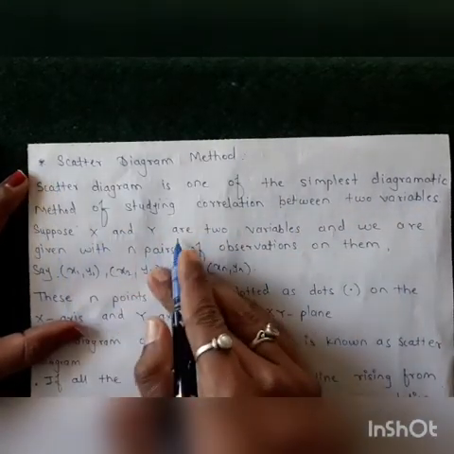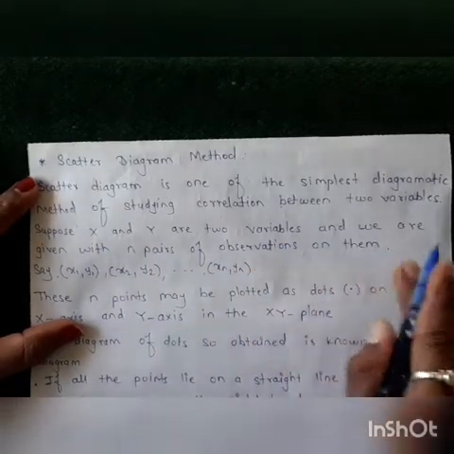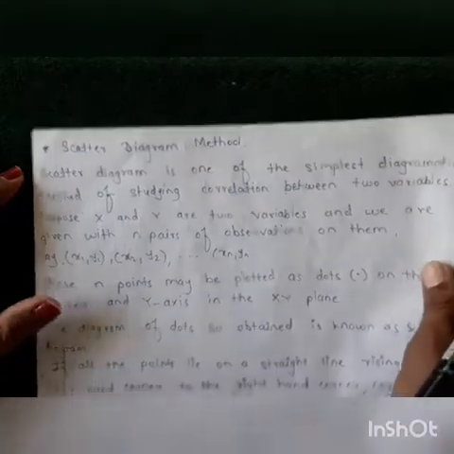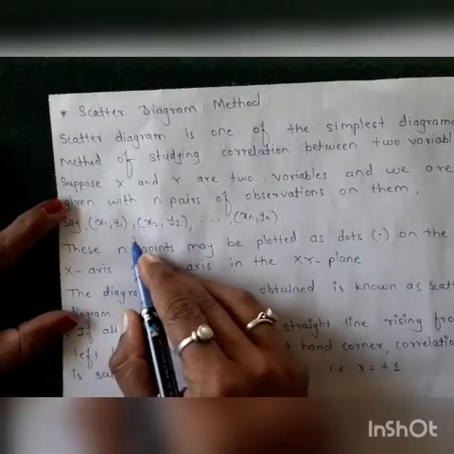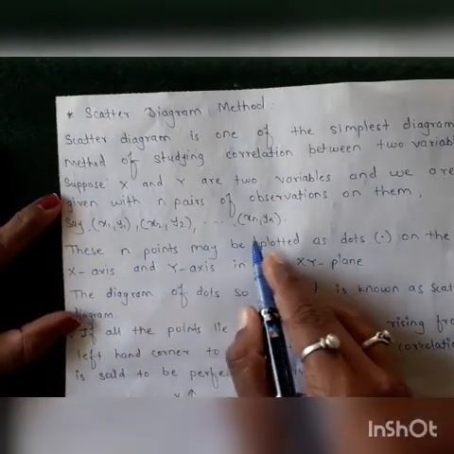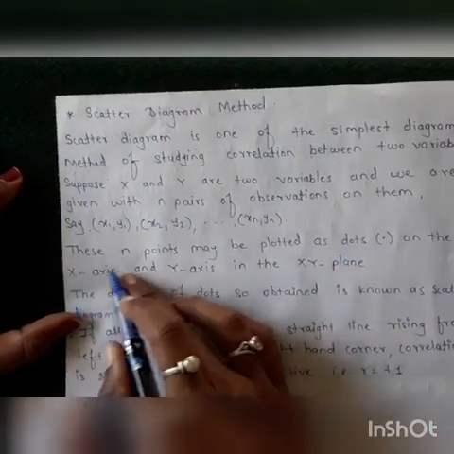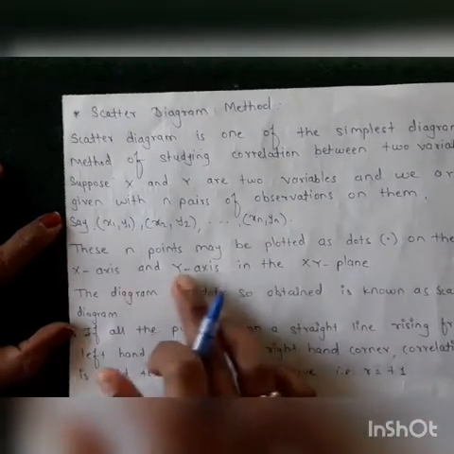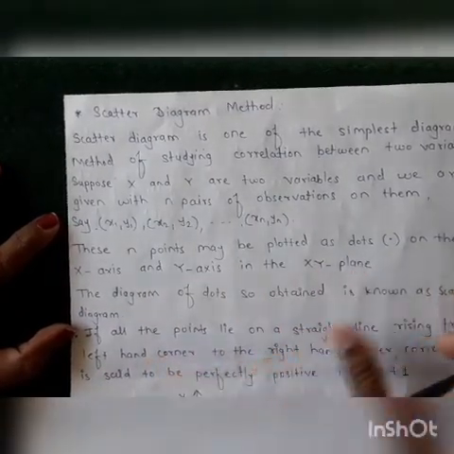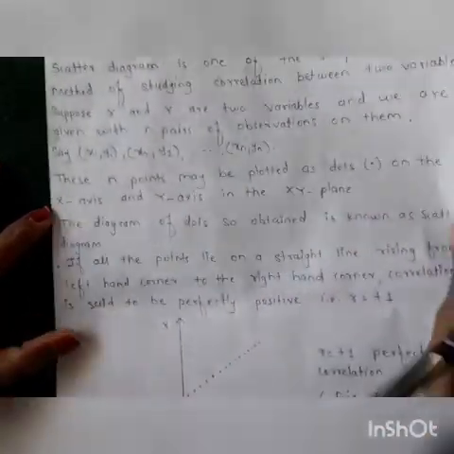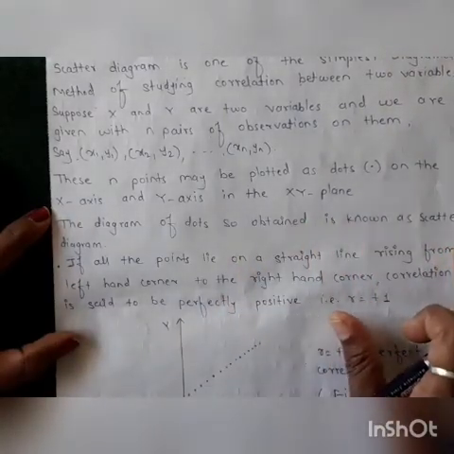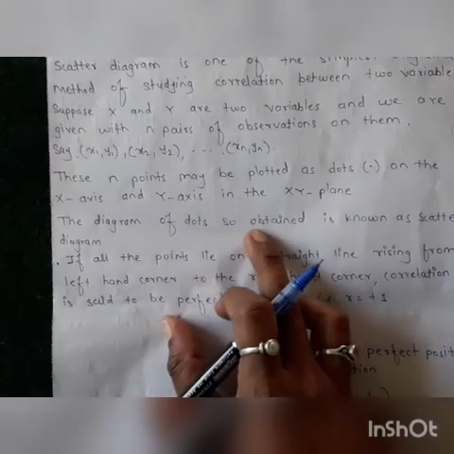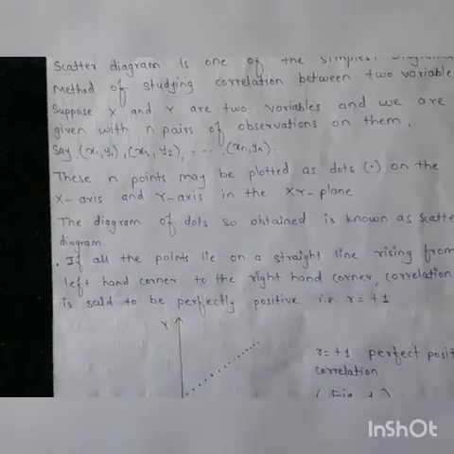Suppose x and y are two variables and we are given n pairs of observations on them, that is x1, y1, x2, y2, and so on up to xn, yn. These points may be plotted as dots on the x-axis and y-axis in the xy plane. The diagram of dots so obtained is known as a scatter diagram.